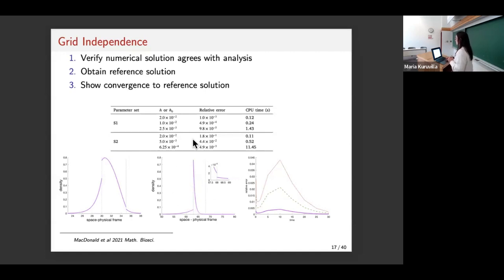And we see in both cases that convergence happens, although keep in mind, to be able to reach below, let's say, 1%, we need a finer grid when we have these larger gradients. And for the temporal, this is for S2, the relative error as we go forward in time for different spatial discretizations.